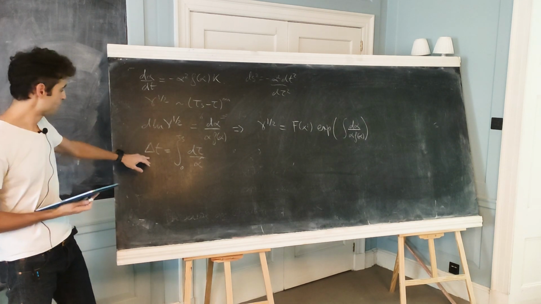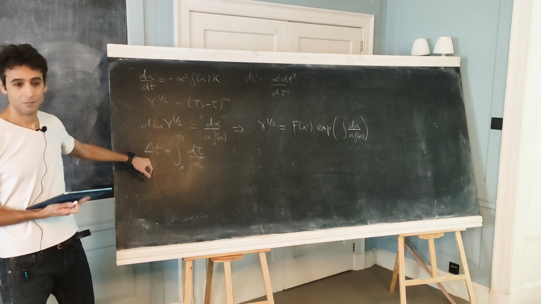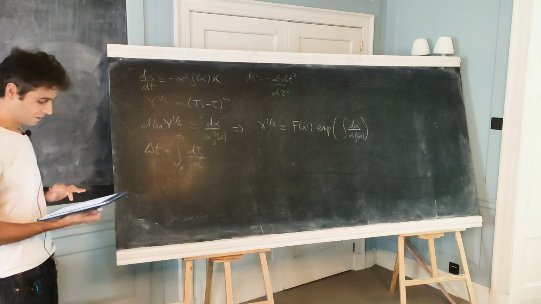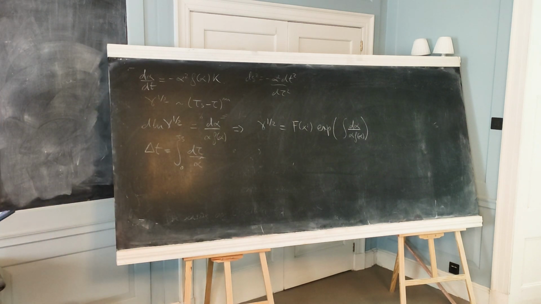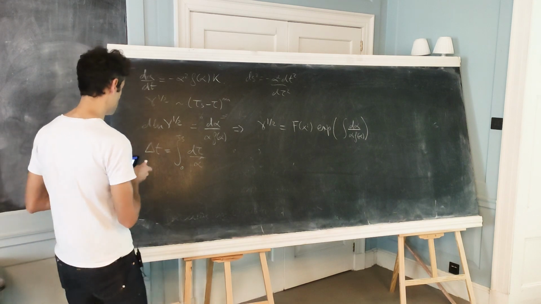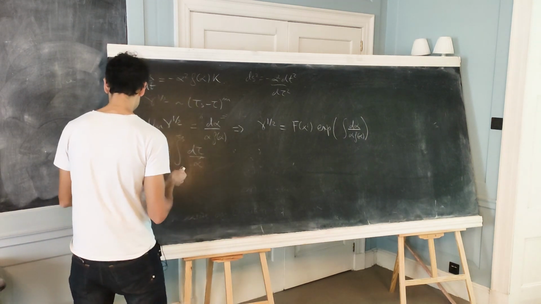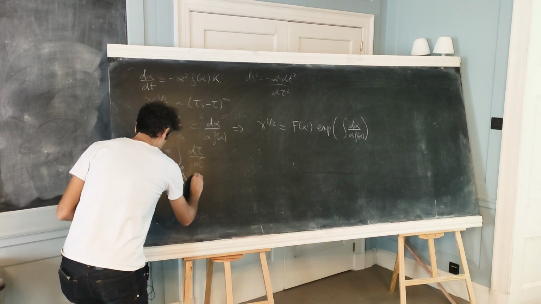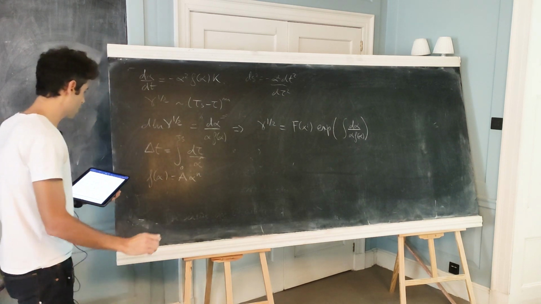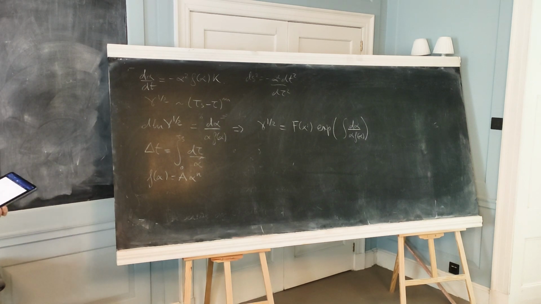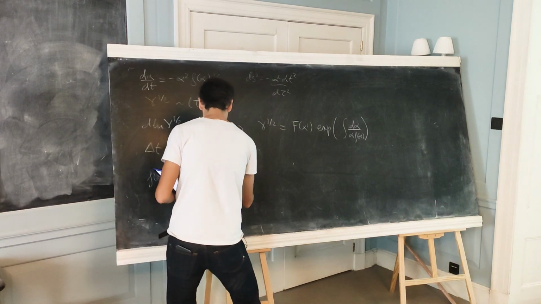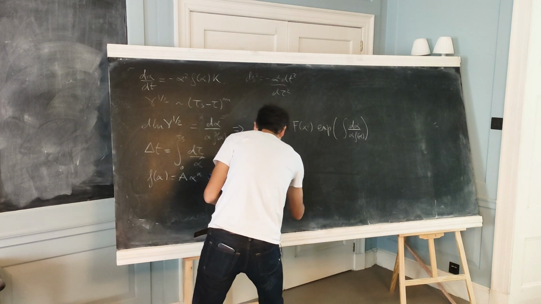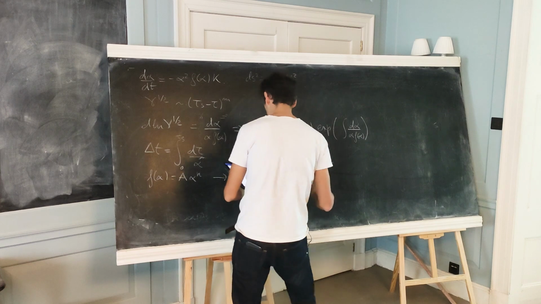But it could be that this time becomes infinite before you reach the singularity, and that's the ideal case, where you will avoid the singularity. So if you choose a function of this form, okay, then you can see that this volume element will behave as the exponential.